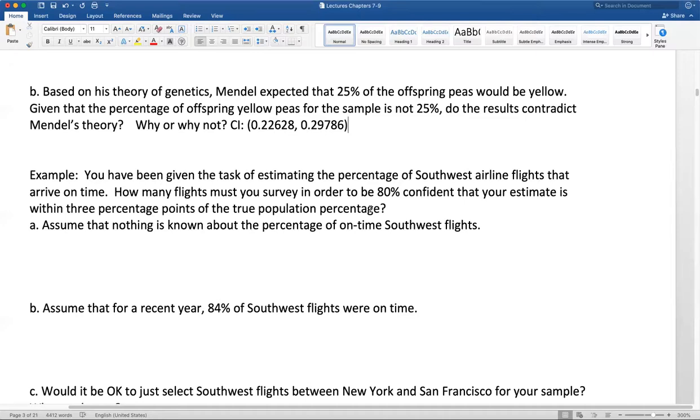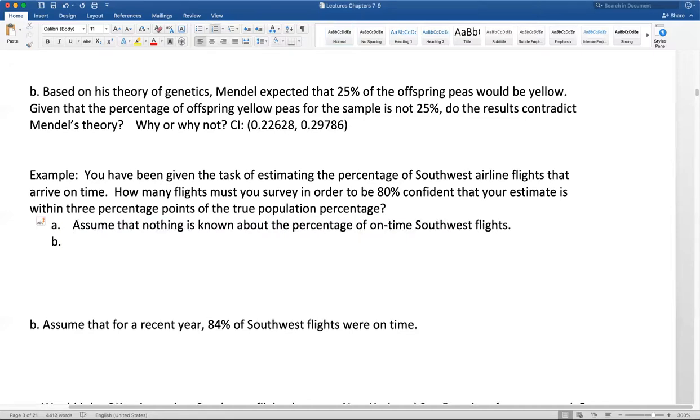So this is asking about the required sample size, right? Question A: assume that nothing is known about the percentage of on-time Southwest flights. So we assume that we don't know about the sample proportion.